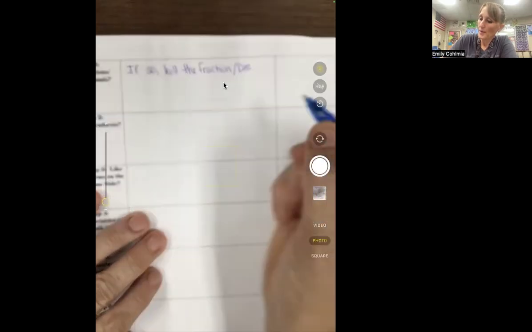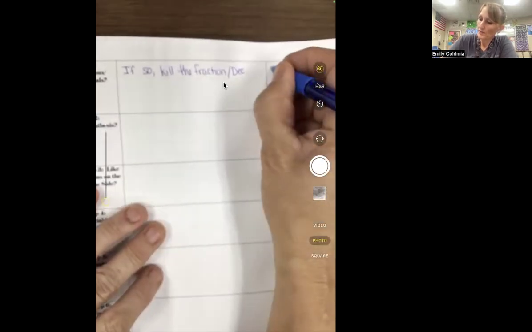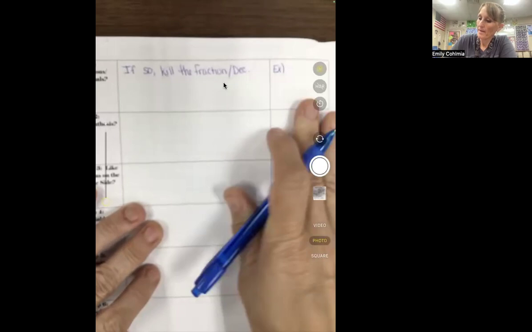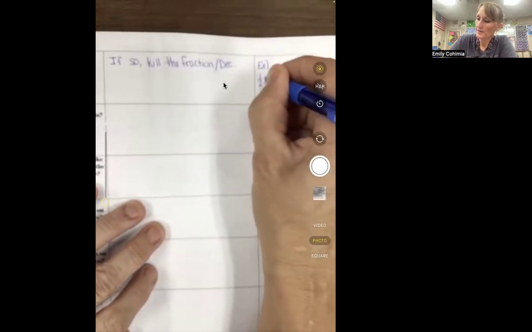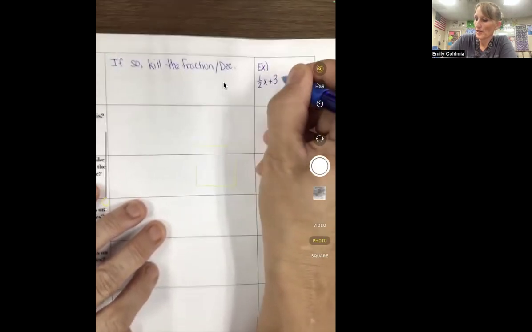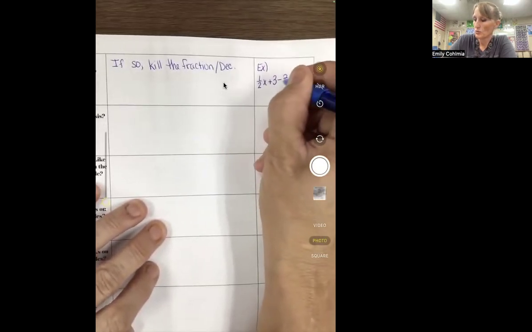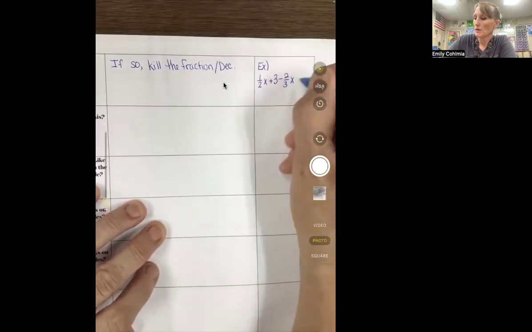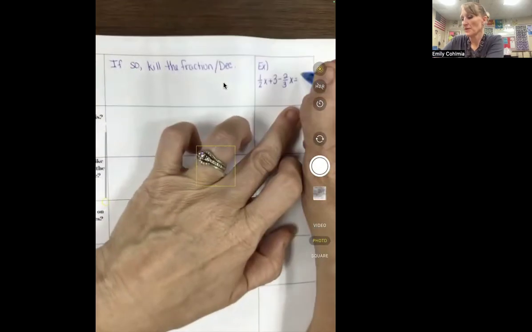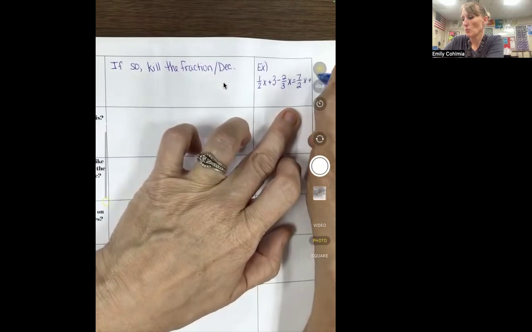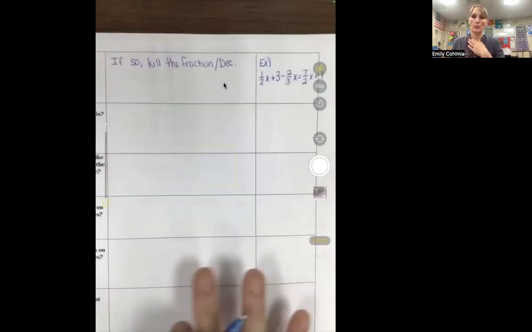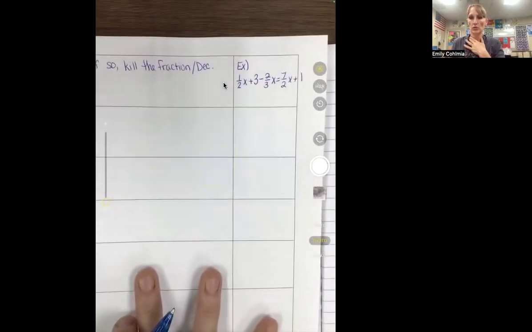So for example, we are going to do 1/2 x plus 3 minus 2/3 x equals 7/2 x plus 1. We've got this big long thing that we need to kill the fraction.